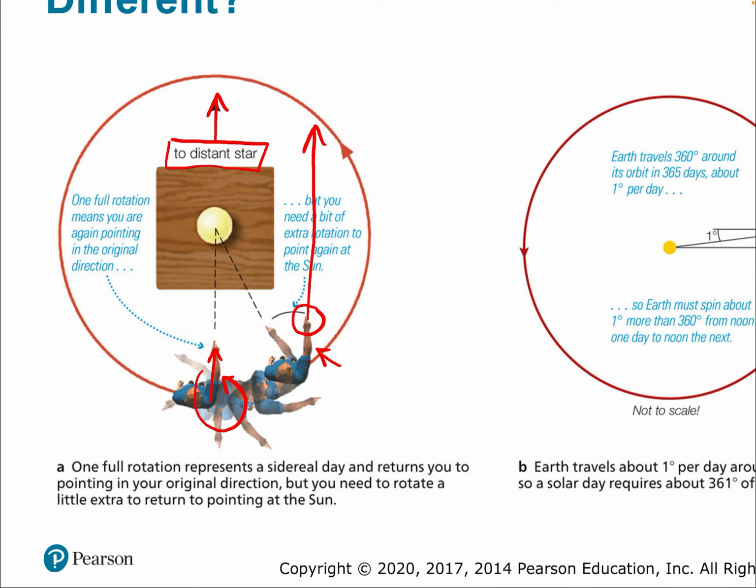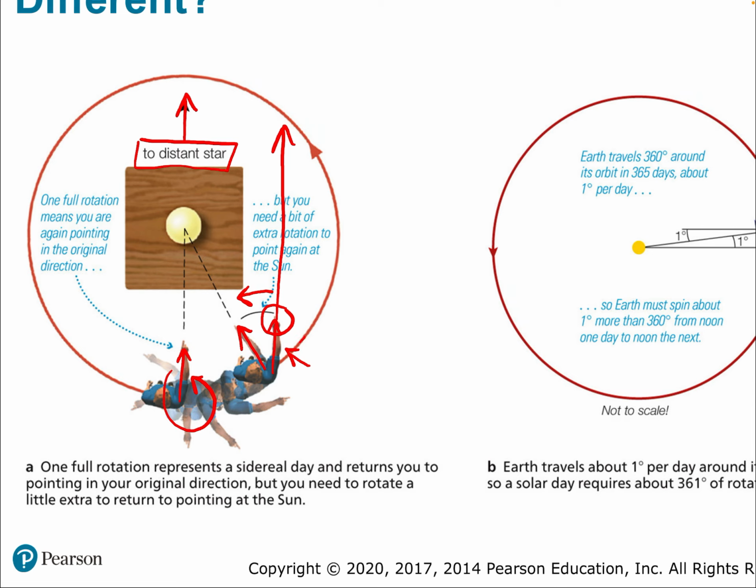The day that is, again, more relevant because the sun dictates so much of our lives. Okay, so we've gone back around looking at the sun. And that's because this person, as they rotated, shuffled to the side in an orbit around the table, holding whatever this is. And that's just like what our planet does.